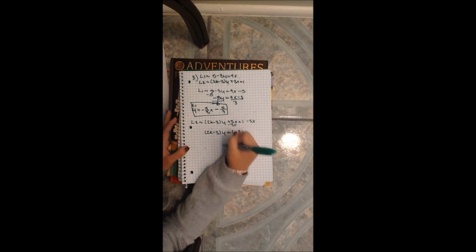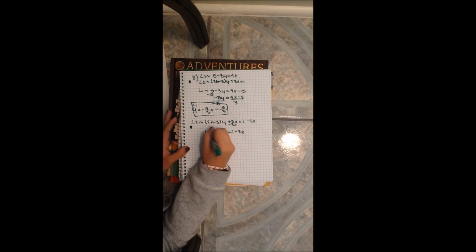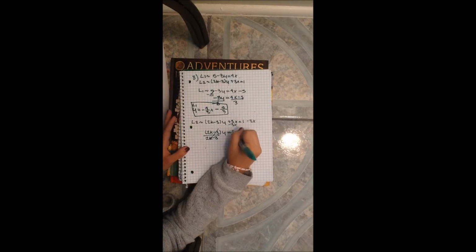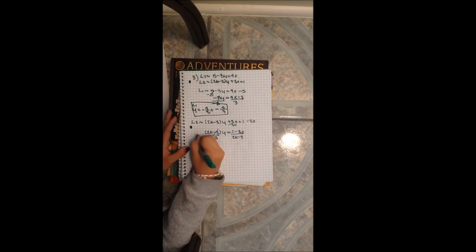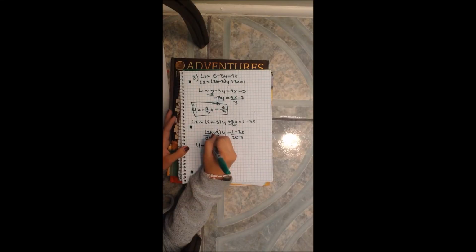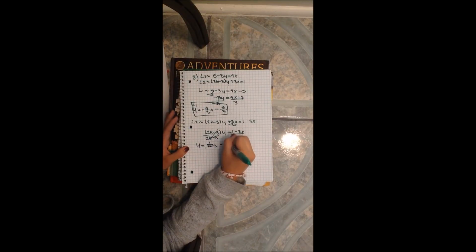And now you have to isolate your y. So divide by 2k minus 3, divide this by 2k minus 3 as well. So y would equal 1 over (2k minus 3) minus 3 over (2k minus 3) x.